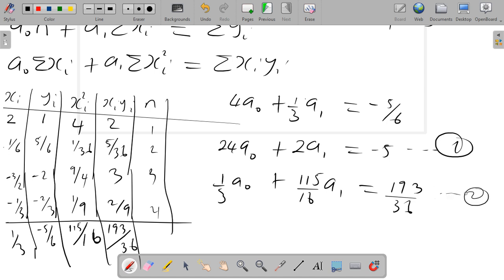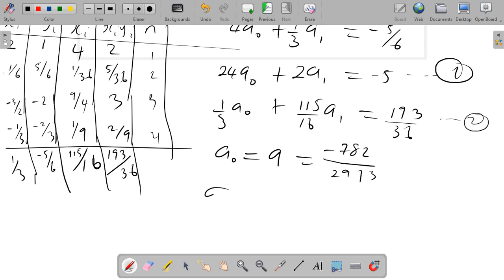If you now solve equation 1 and equation 2 simultaneously, you will get your a0 and a1. Your a0 is the same thing as your a, which if you solve it simultaneously, you will get minus 782/2913. Okay, and then your a1 is your b, the b they gave me, which after solving you are going to get 782/1031.